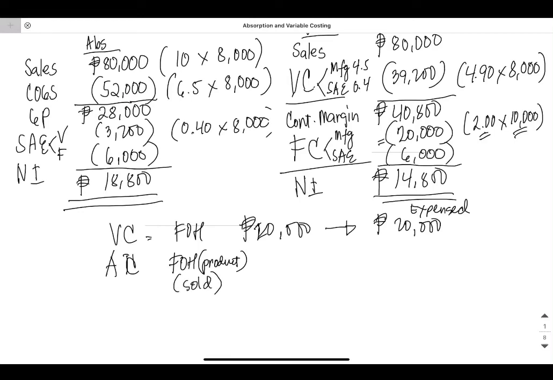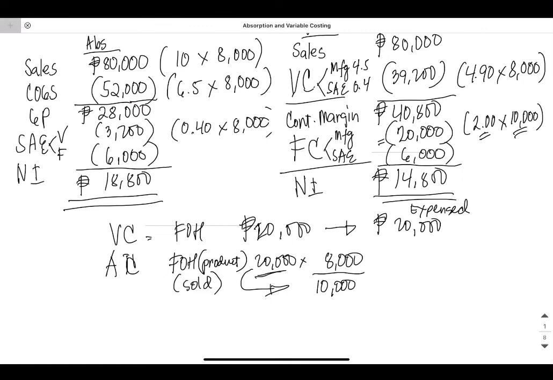So this 20,000 fixed overhead cost will only be reported in the income statement once the products related to it are sold. Di ba we have produced 10,000 but we have only sold 8,000. This 20,000 fixed overhead cost is related to 10,000 units, but we have only sold 8,000.